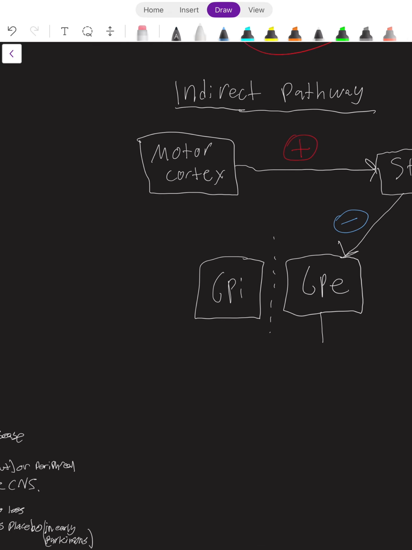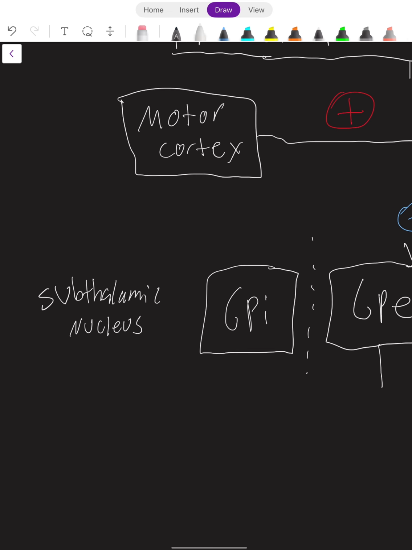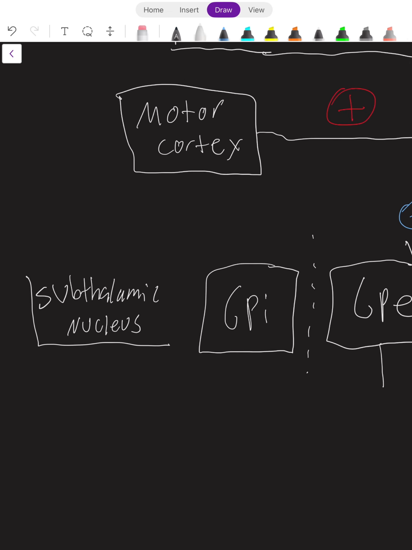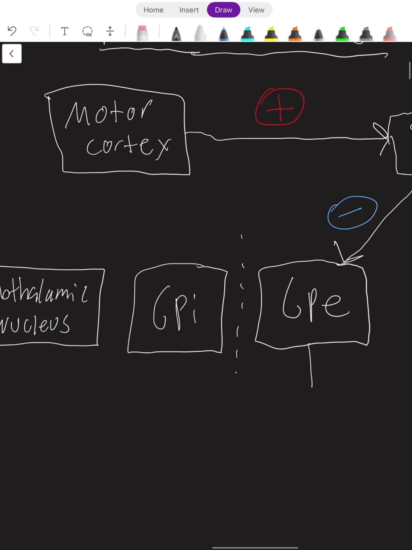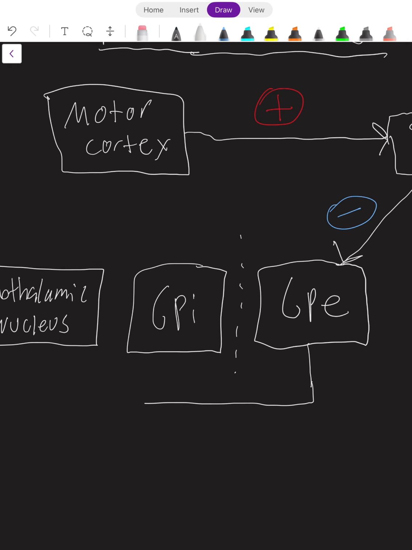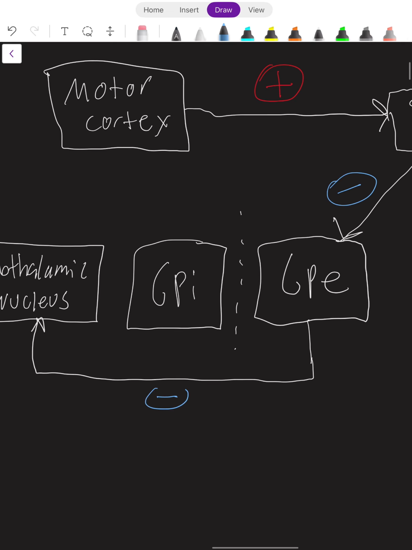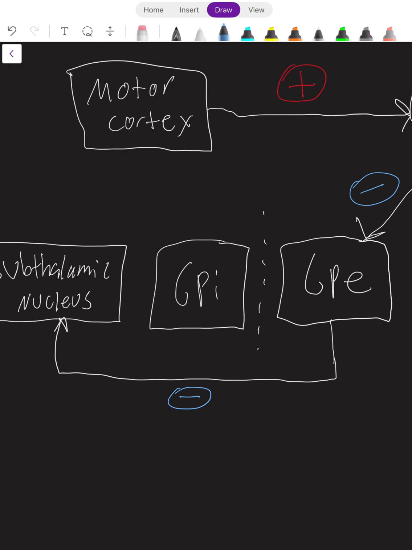And then the GPE is going to go to a structure over here, I'm going to draw it, called the subthalamic nucleus. Okay, so it's going to go like that. And what that's going to do is send an inhibitory signal to the subthalamic nucleus.